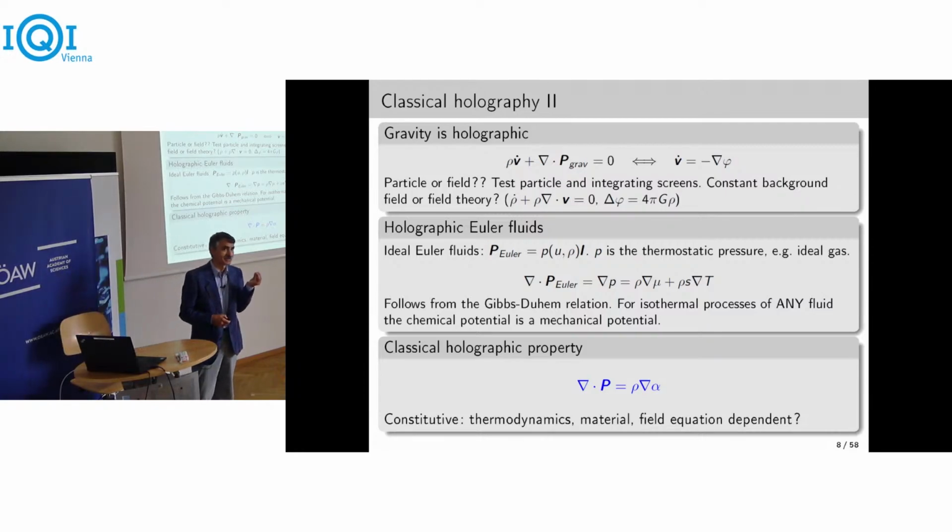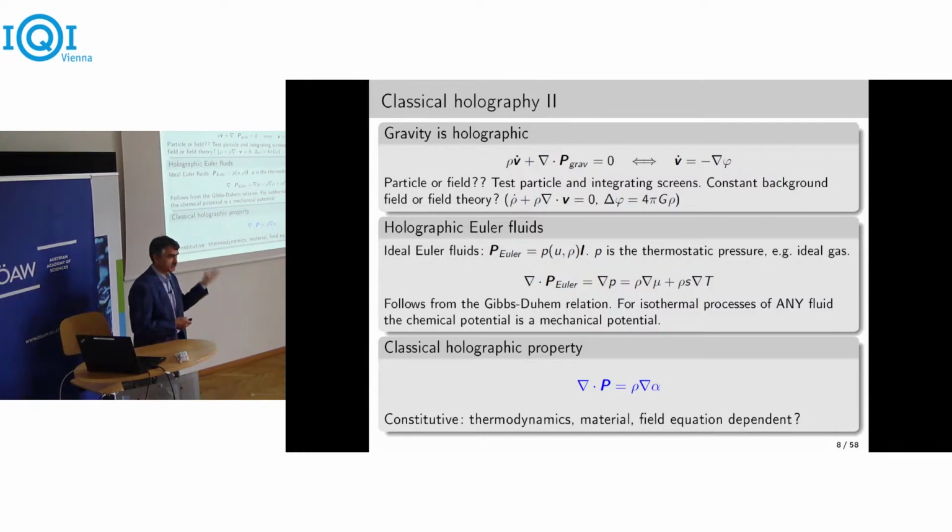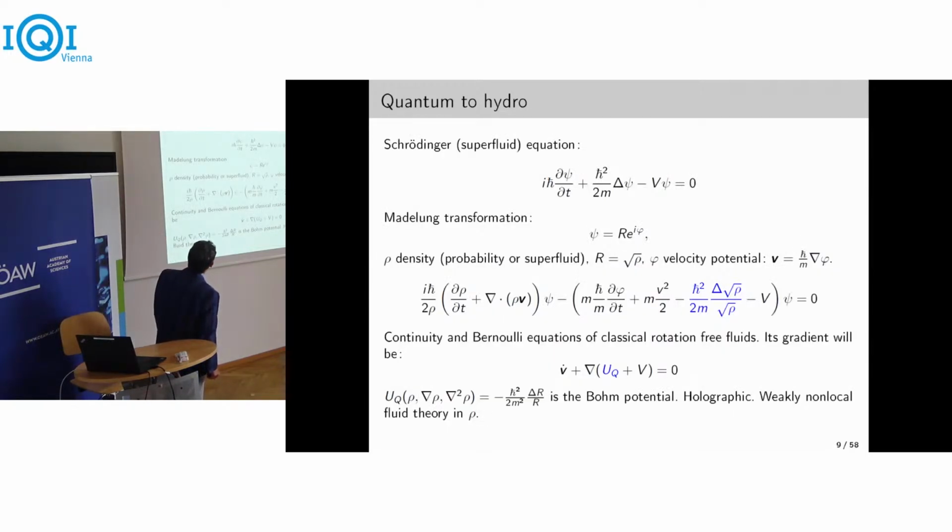And the question is: what is the reason for this property and how is it related to, for example, quantum mechanics? Maybe to remind you of some calculations of how hydrodynamics is connected to the Schrödinger equation. It is easy. You perform a so-called Madelung transformation, which was established, I think, some months after Schrödinger published his famous equation.